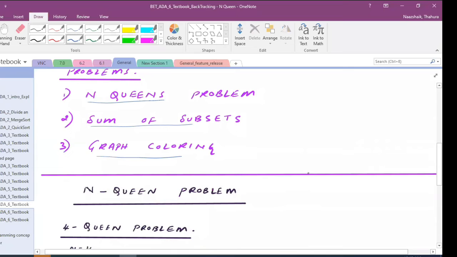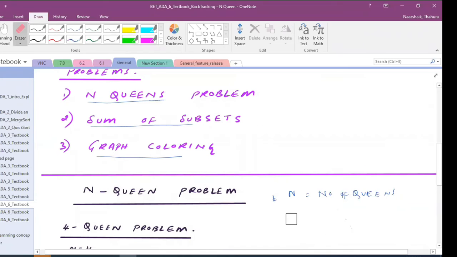N is just a number. It is saying number of queens. So your N can be 2, N can be 4, N can be 8, anything. It says that many queens.